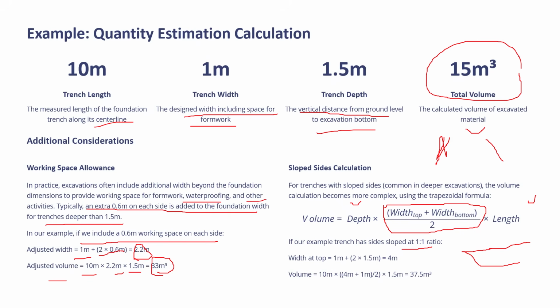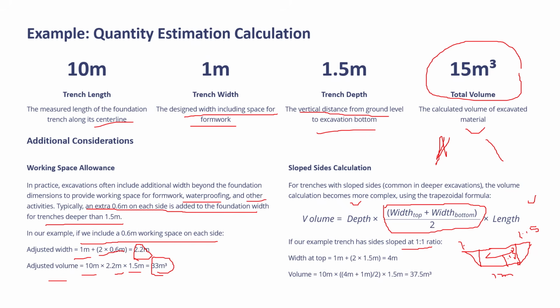See here, slope is 1:1 means the width at the bottom is 1 meter and slope is 1:1 means depth is 1.5 meter. So it will be 1.5 meter on both the sides, 1.5 on this side and 1.5 on this side.